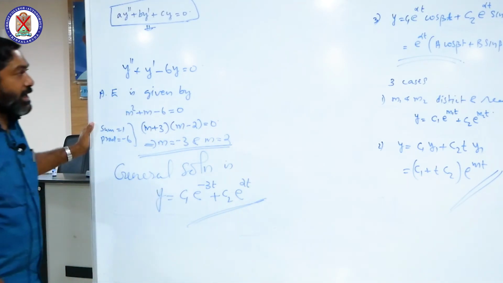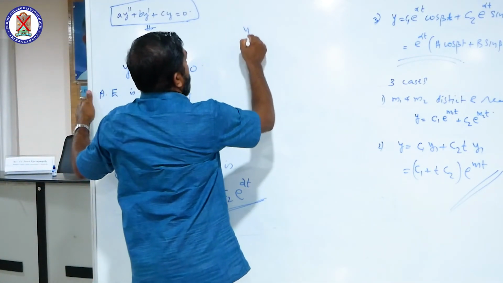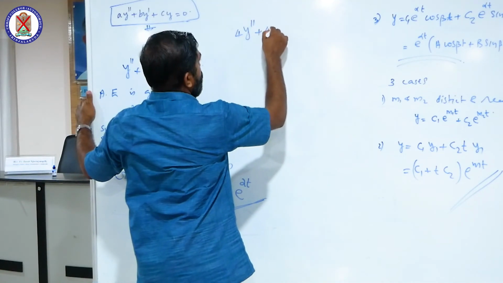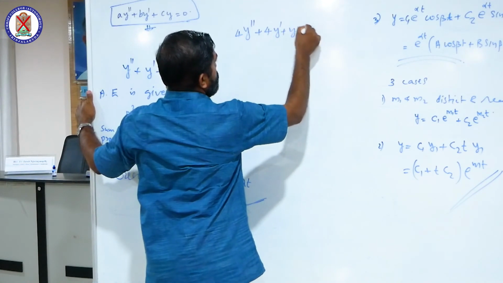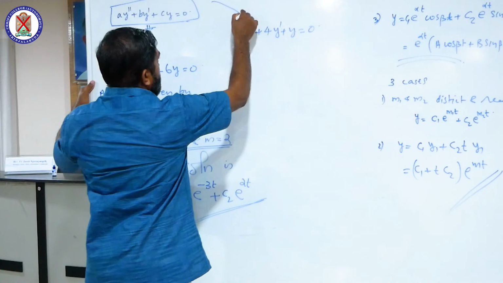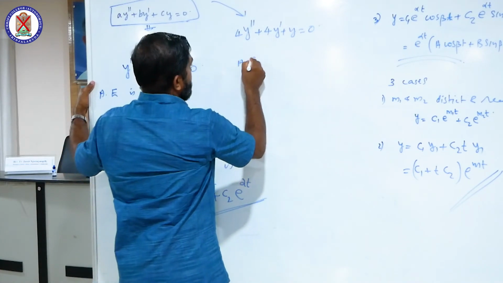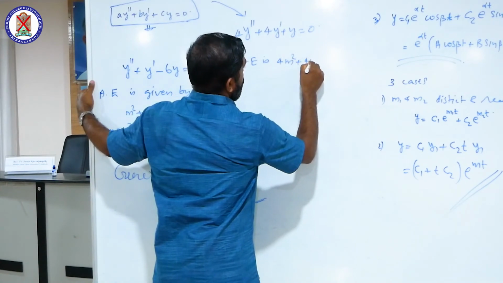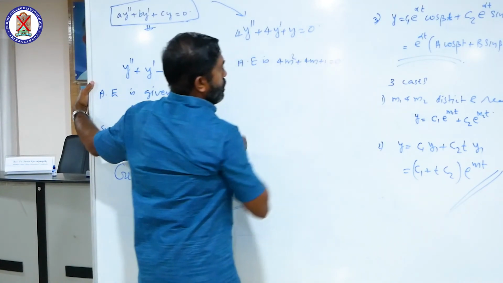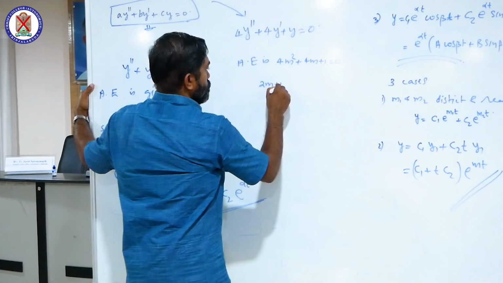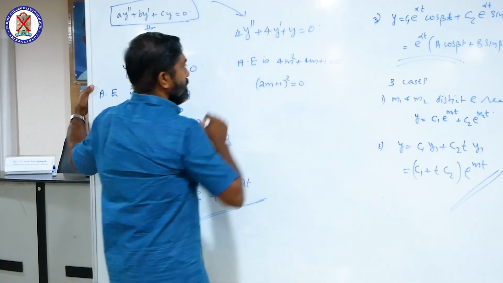Okay. Now consider another example: 4y double dash plus 4y dash plus y equal to 0. It's again in this form. So what will be the auxiliary equation? The auxiliary equation is 4m square plus 4m plus 1 equal to 0. This we can express as 2m plus 1 whole square equal to 0, isn't it?